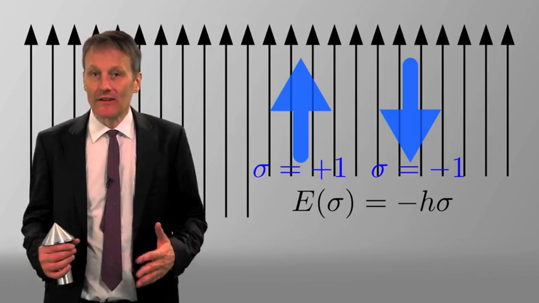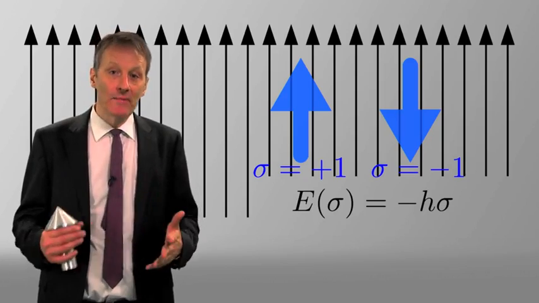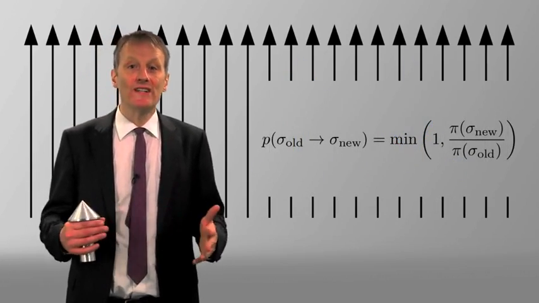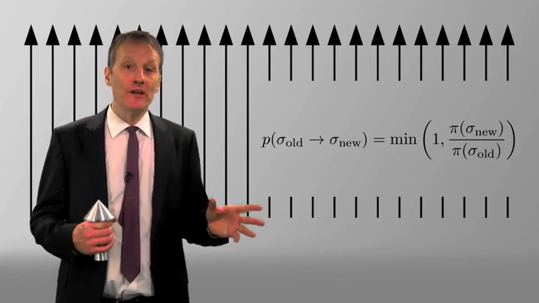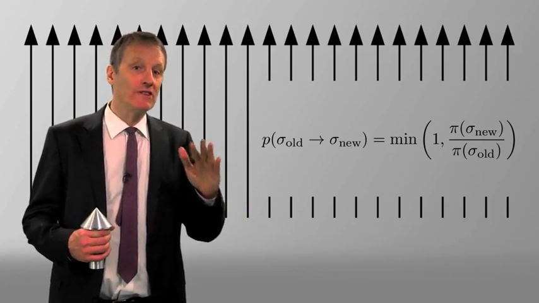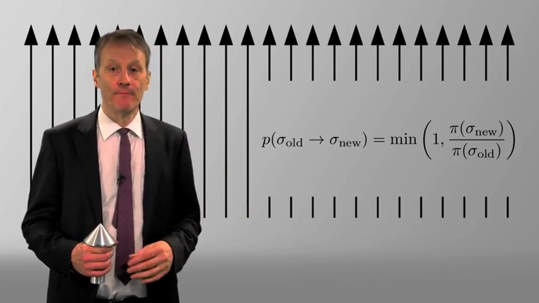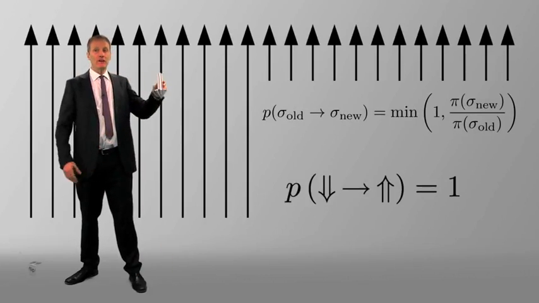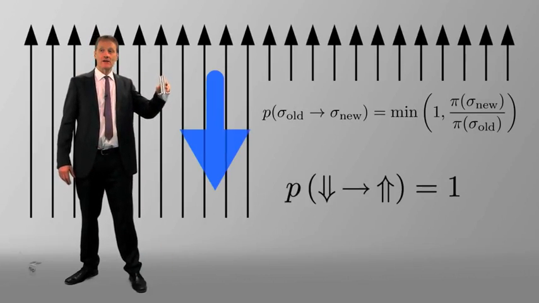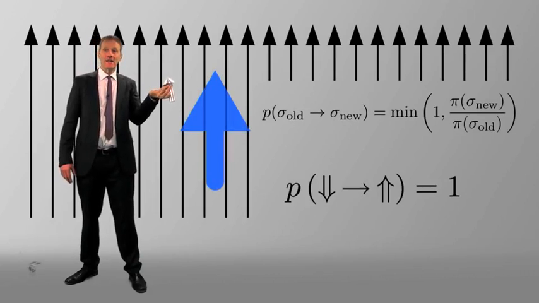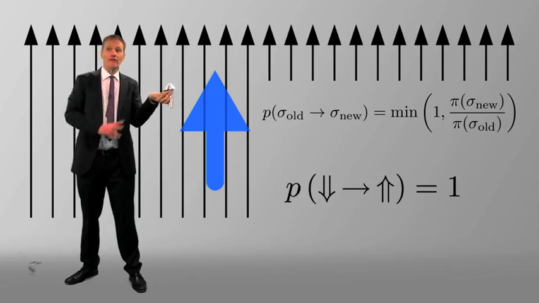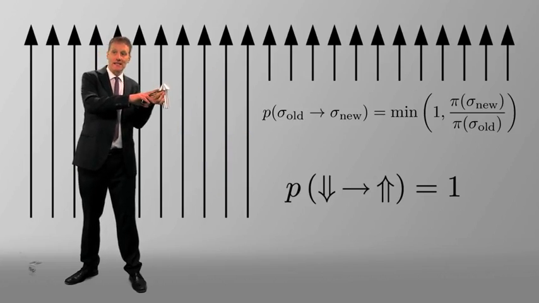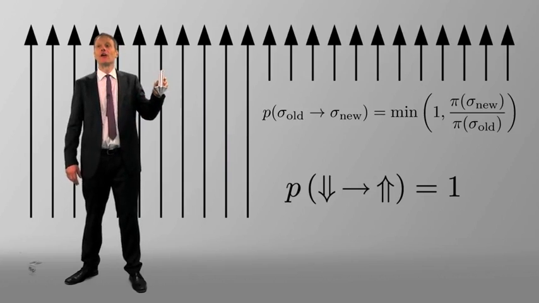To simulate the dynamics, we use the Metropolis algorithm: minimum of 1, pi new divided by pi old. So the probability to flip the spin from minus to plus is equal to 1, because the statistical weight of the new configuration is larger than the statistical weight of the old configuration.